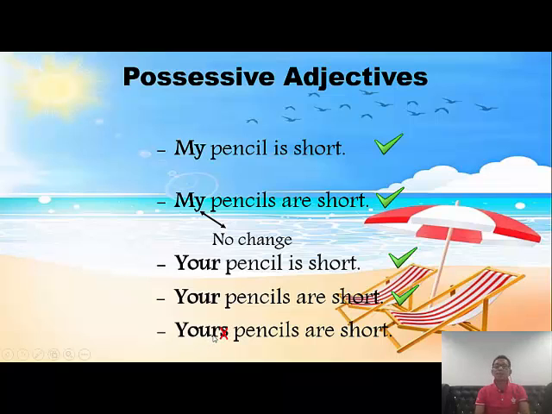So that is seriously wrong. We do not do this. So the correct way is your pencils are short. Your pencil is short. The thing that changes here is the verb agreement. To show that pencil is singular, we use is. And pencils, plural, we use are. For possessive adjectives, we do not change them at all. Alright? Okay, now let's take a look at the next slide.